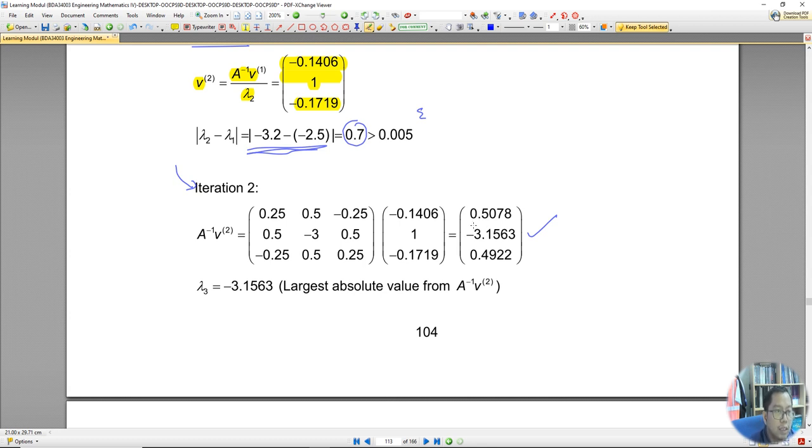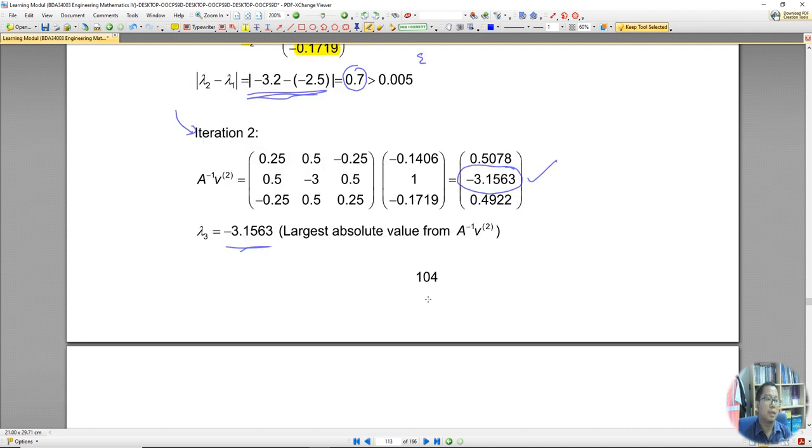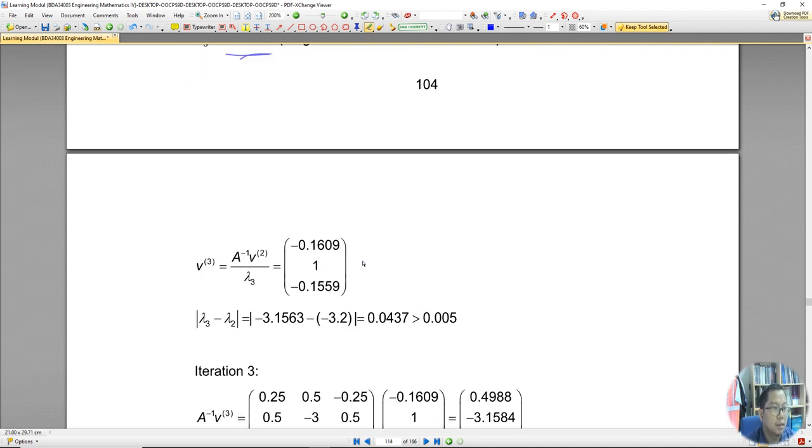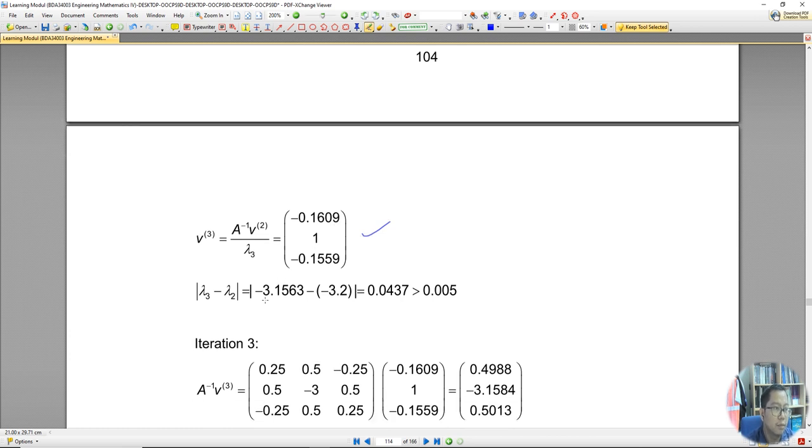Okay class, what is the largest absolute value here? The answer is here: 0.5, 3.1 and 0.49. The largest one is here, neglecting the negative sign. Then you get this vector and do some operation to get this value.